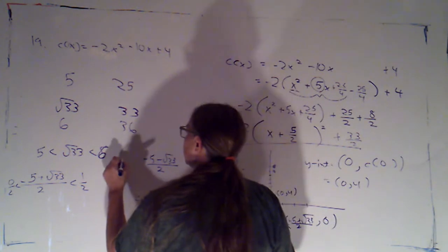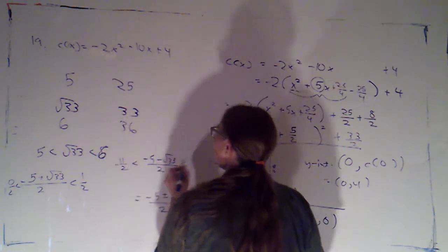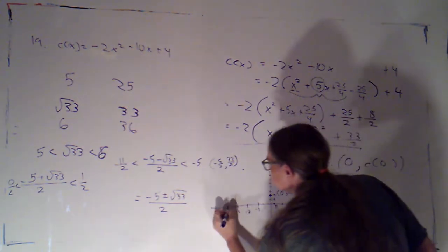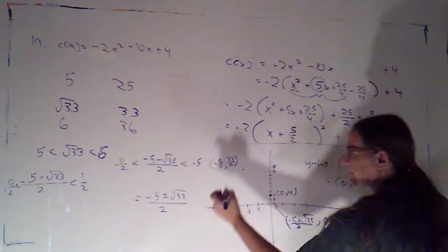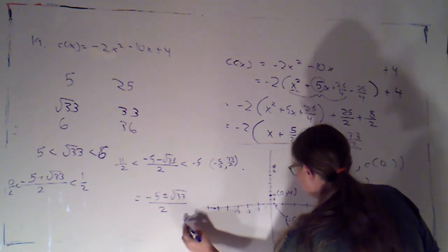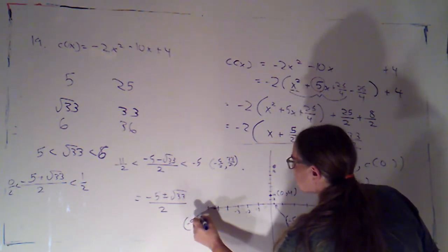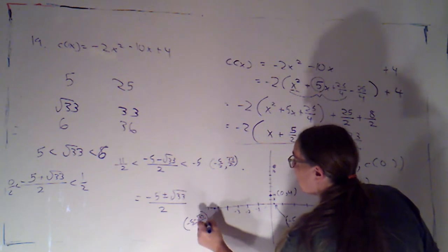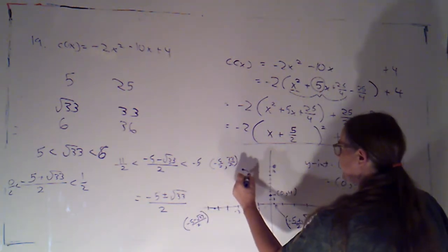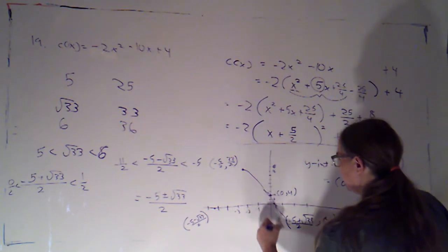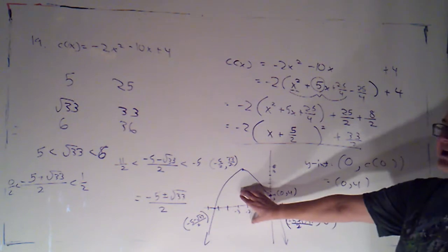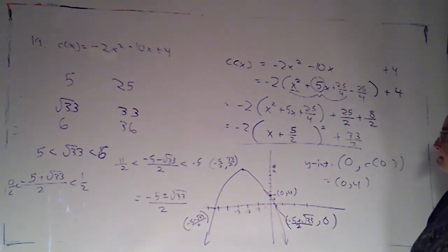So this is going to be in between negative 11 halves and negative 10 halves, which is just negative 5. So it's a little bit to the left of negative 5. That's going to be my negative 5 minus root 33 all over 2. And now I can play connect the dots. So there's my vertex, pass through those intercepts, and there's my graph of my parabola.